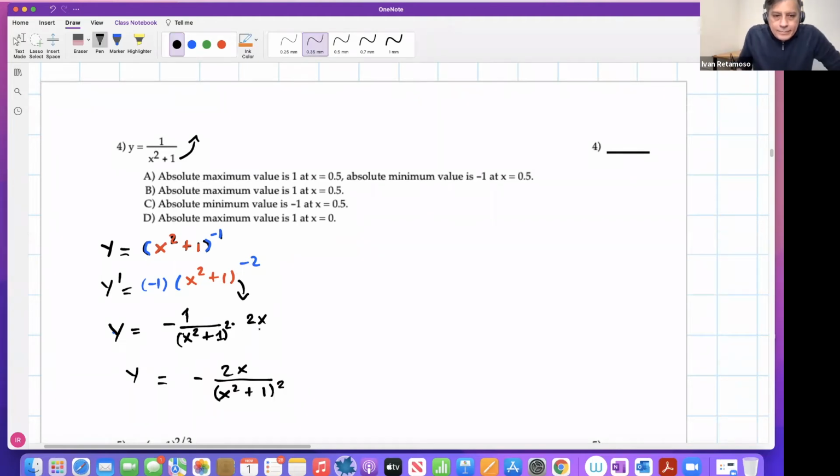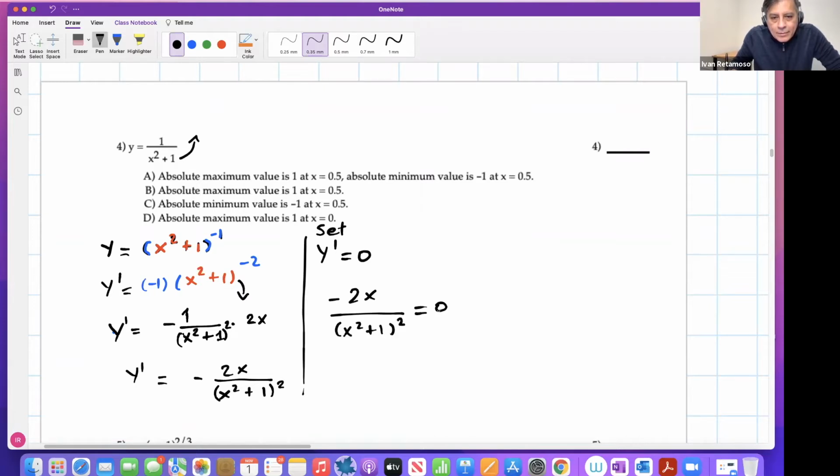Now let's continue here. The next step is to set my derivative equal to 0 and see how we can get some critical points. Let's see if we can catch some values of x such that the derivative is 0.